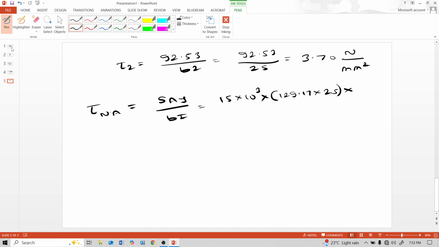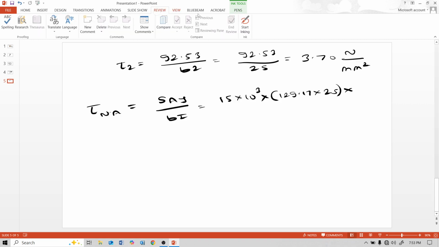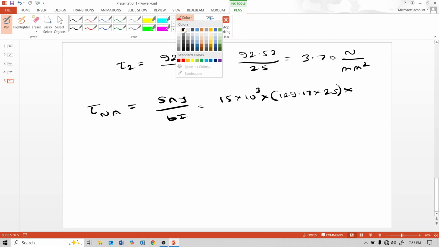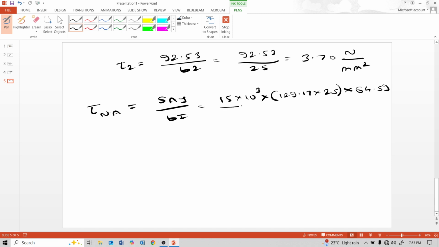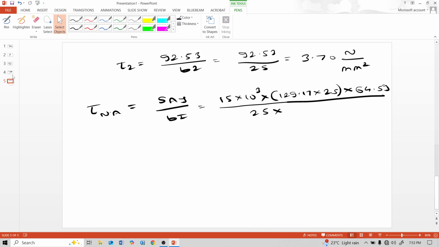And y is 129.17 divided by 2, 64.58, from the bottom, divided by B which is 25 and I which is 29.55 into 10 raised to 6.